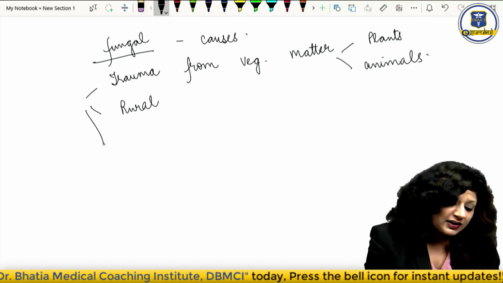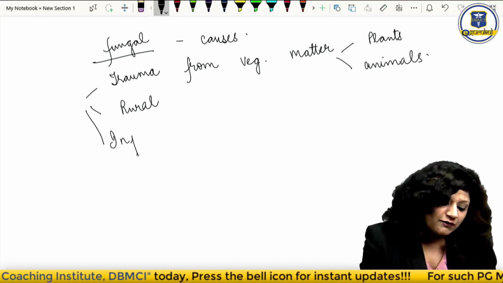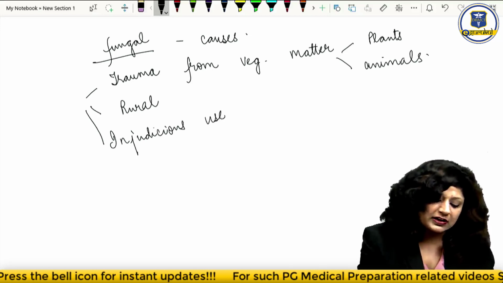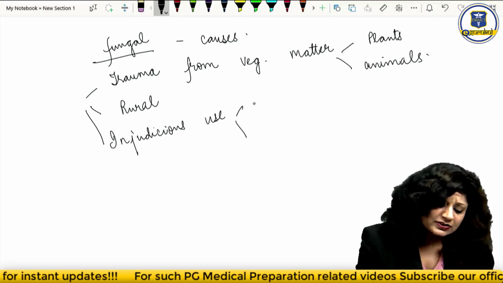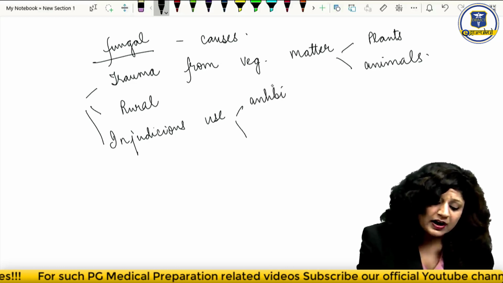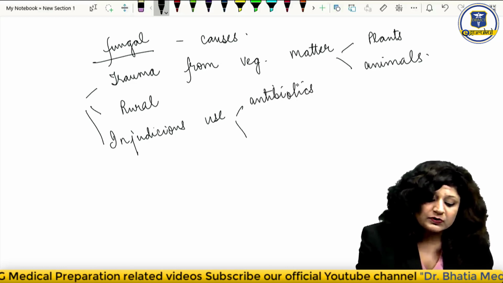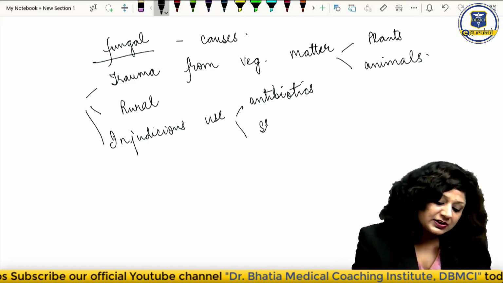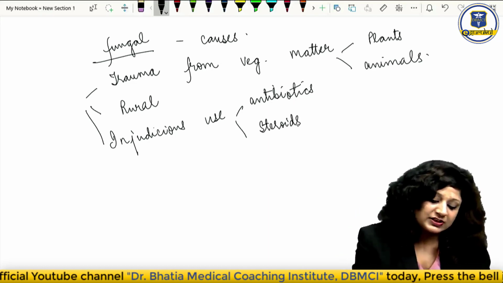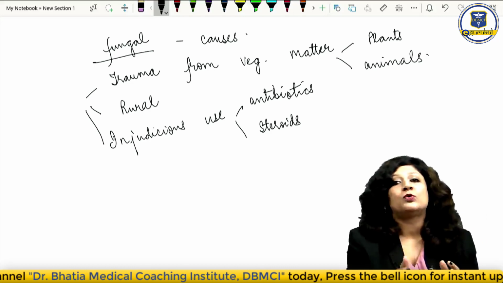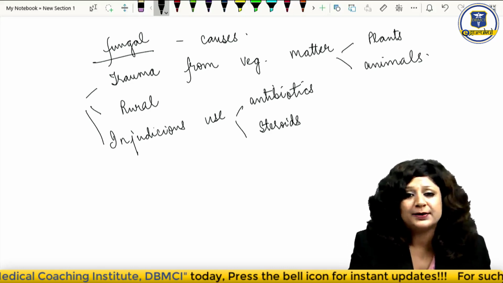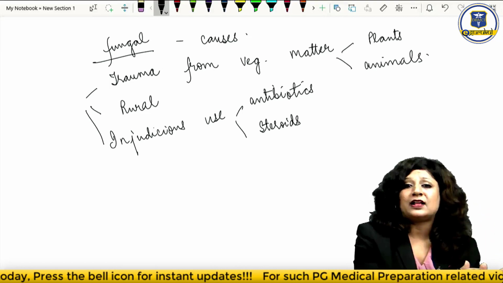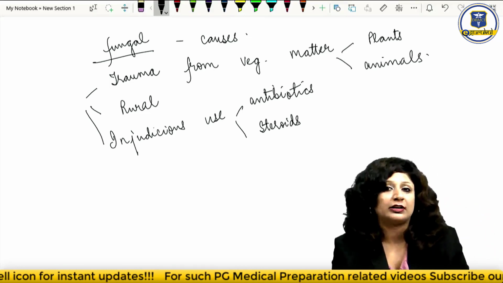Whenever there is injudicious use of certain drugs, such as antibiotics, you are disturbing the balance between the ocular flora and the outside environment, or if we are using steroids injudiciously, then also there are more chances of the fungal corneal ulcer. So now you are sure when it is a bacterial corneal ulcer and when it is a fungal corneal ulcer.